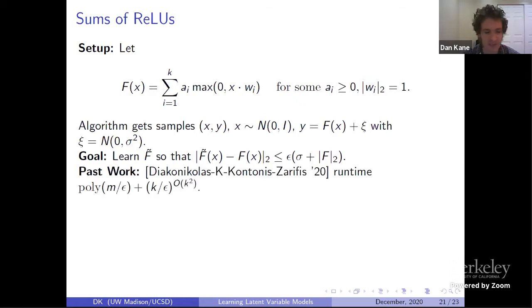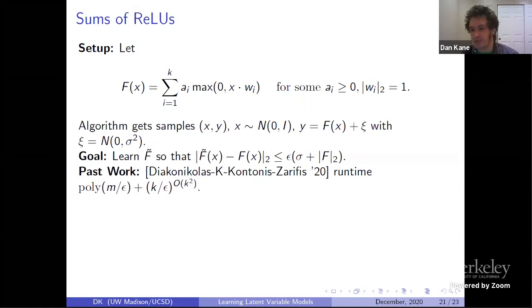Now, what was previously known about this problem? Well, I have a previous paper with Ilias and a couple of his students that basically says that we can compute the first 2 parameter moments in this model. That allows us to reduce to k dimensions, and then we can do a brute force search there. And so we get some runtime that's polynomial in m over epsilon, but then exponential in k.